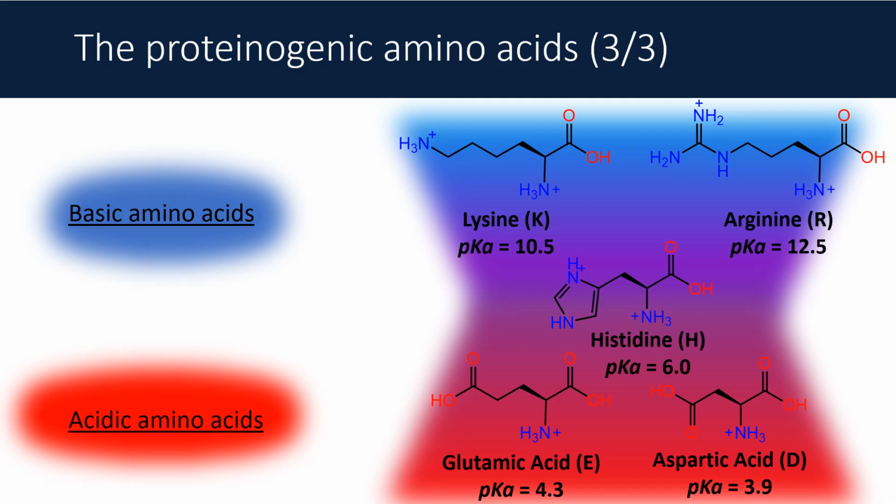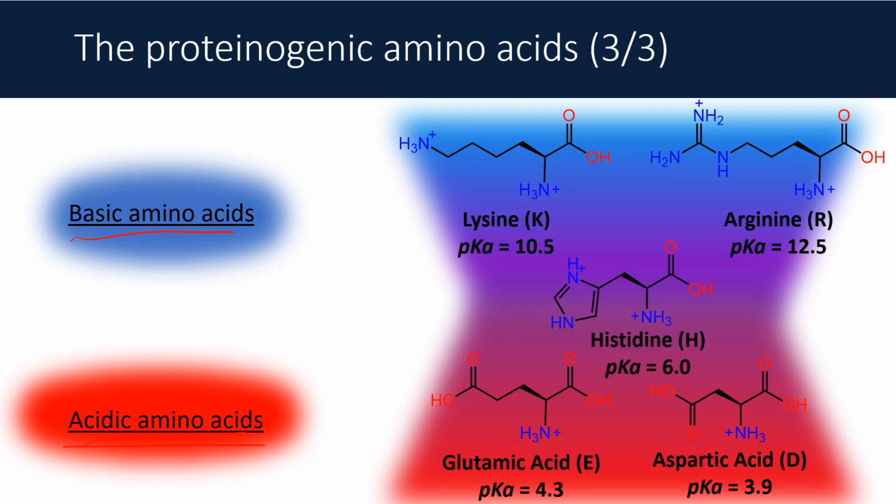The last classes are the basic and acidic amino acids, and more so than the polar amino acids, these are crucial in helping proteins stay solubilized, all right? The hydrophobic amino acids you're going to find in the interior of a protein, kind of like a micelle, and the polar and charged amino acids, such as these, are going to be preferentially decorated on the outside.